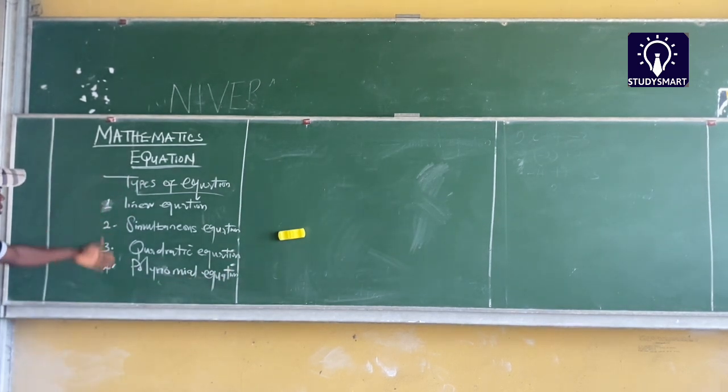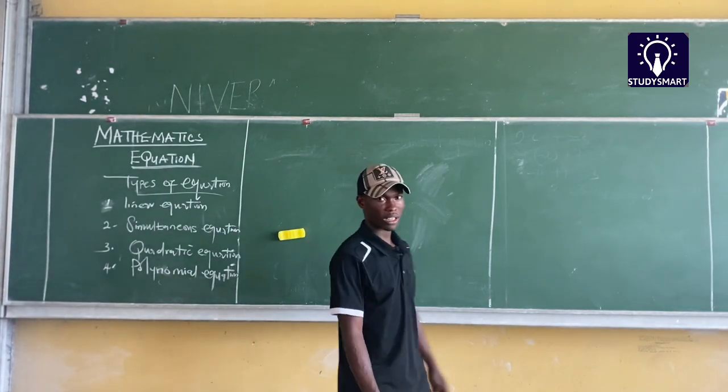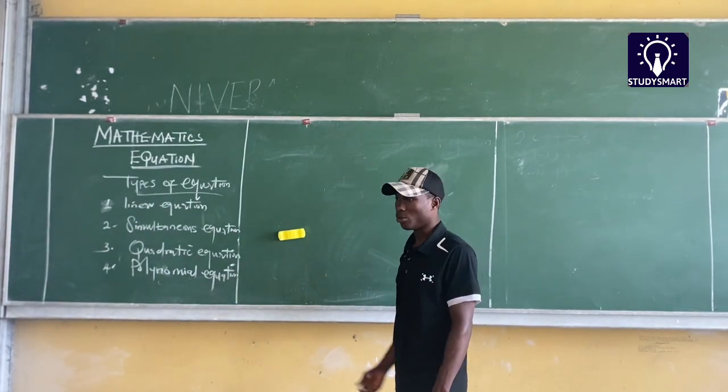So these are the various types of equation we have: linear, simultaneous, quadratic, and polynomial.